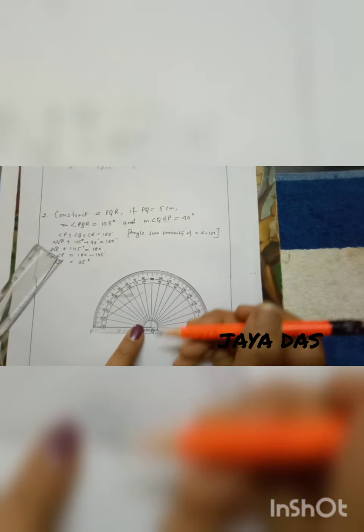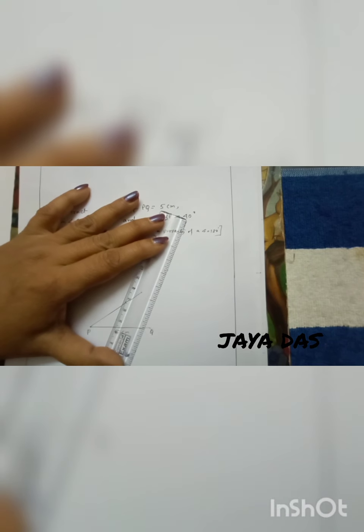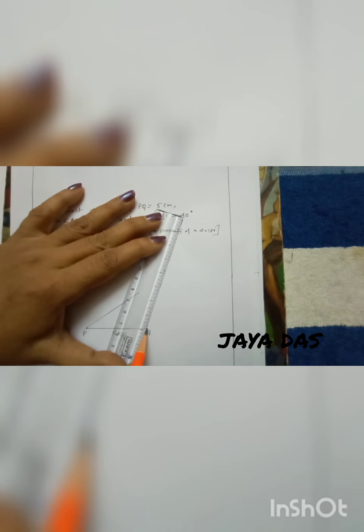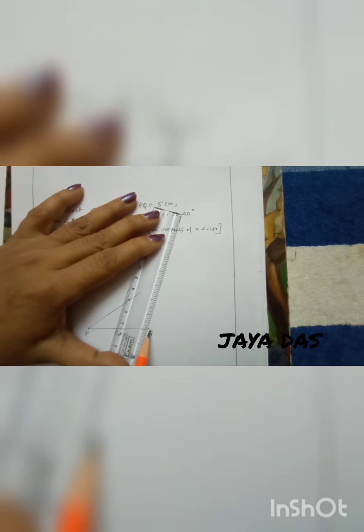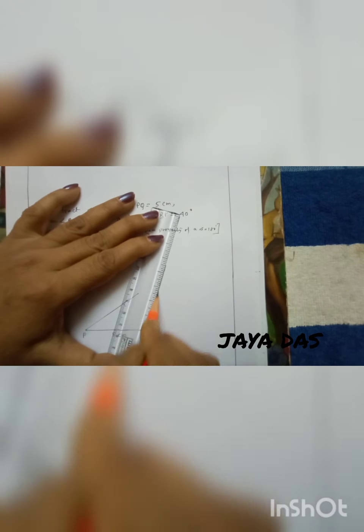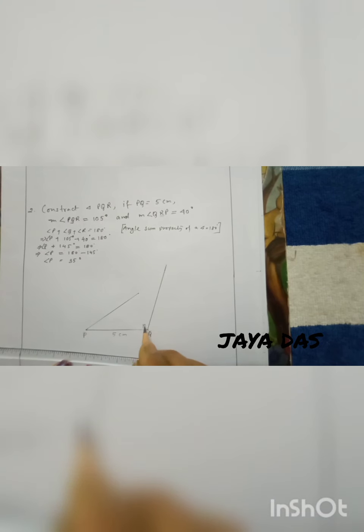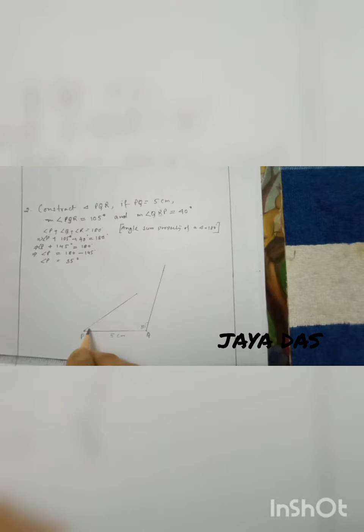It is 105. Now join these 2 points. You will get 105 over here, angle Q. This is 105 degree and this is 35 degree.